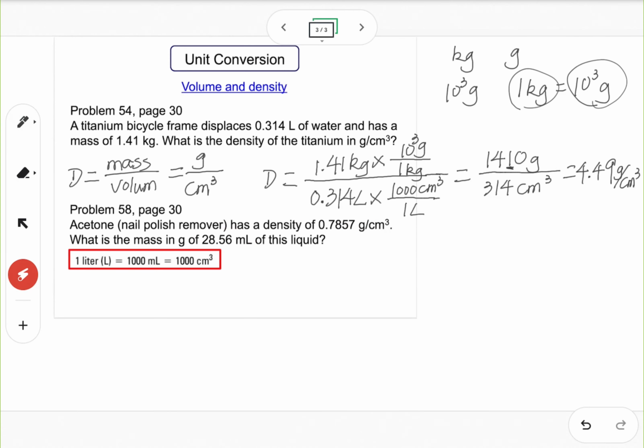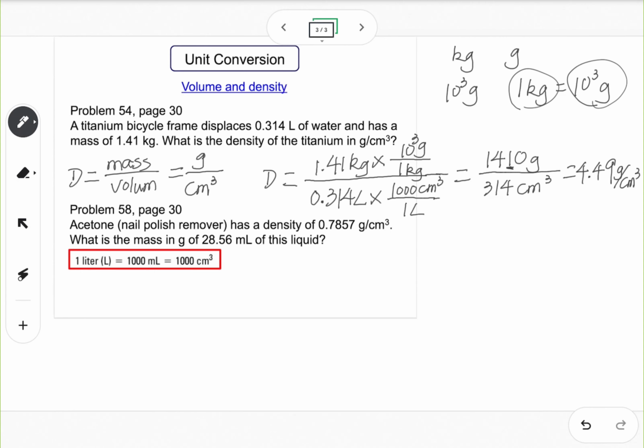Now how do we do the calculation? You have mole and you have cubic centimeter. So how do we cancel the cubic centimeter and reach the target unit, which is gram? What you need to do is convert the mole to cubic centimeter and use this as a unit conversion factor. So let me do it.